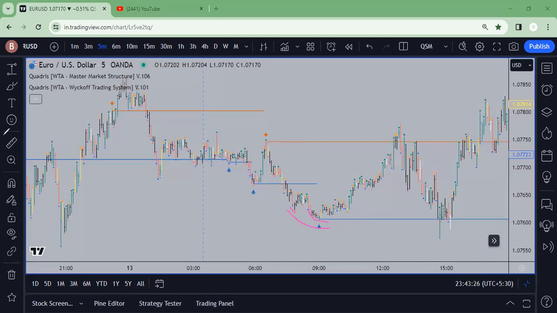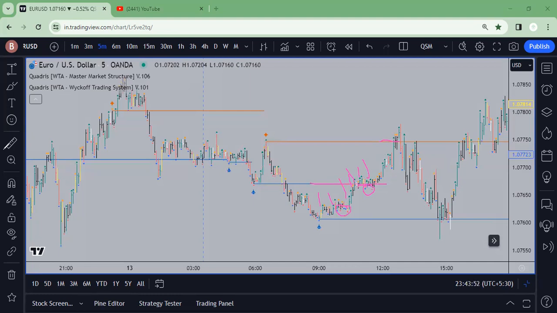Then after that, if we see the price in context with the tape reading toolkit analysis tool, we can see buying was coming, strength was there in the market, though we got testing along the lines, and this was the final target.